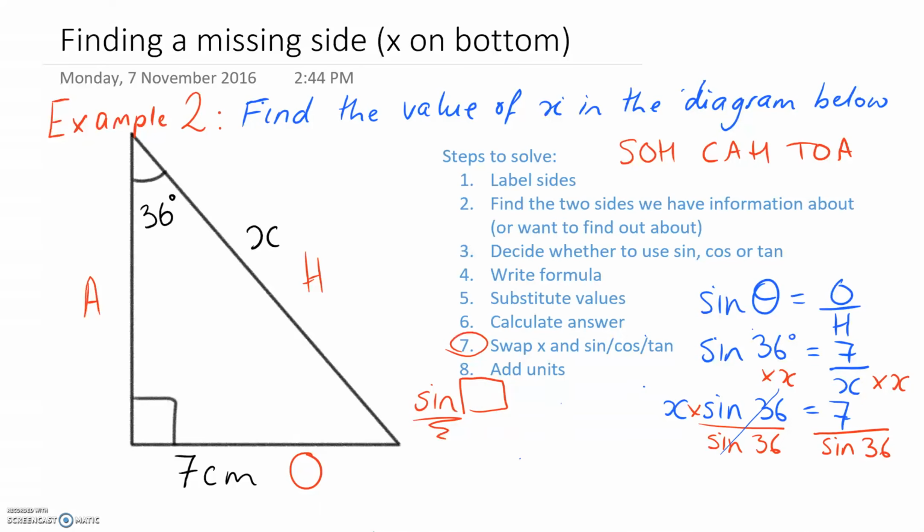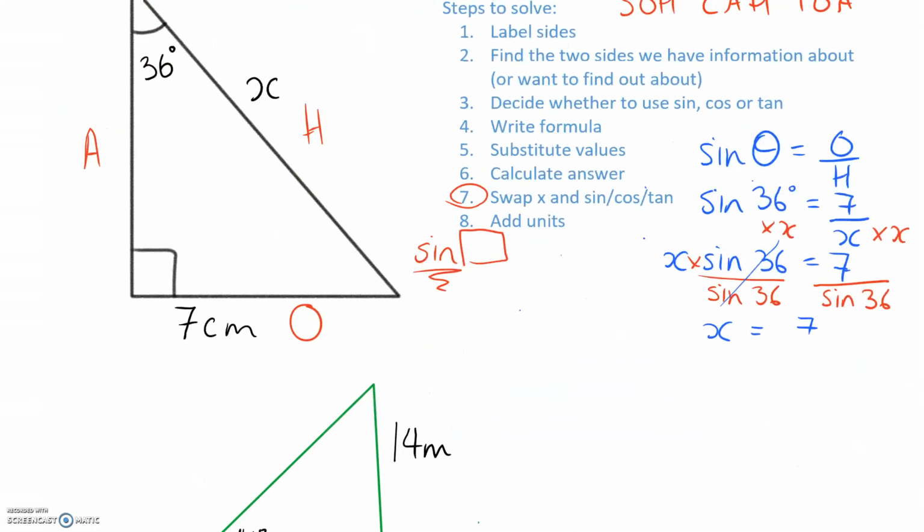And we're left with x on this side equals 7 divided by sine 36. And when you put that straight into your calculator, you'll end up with 11.91, and the units this time are centimetres.